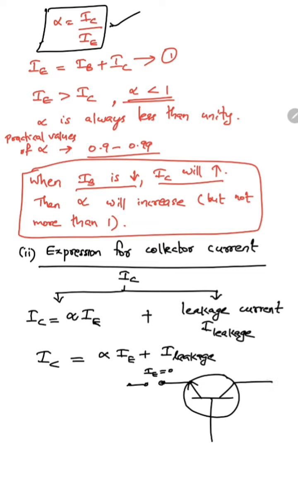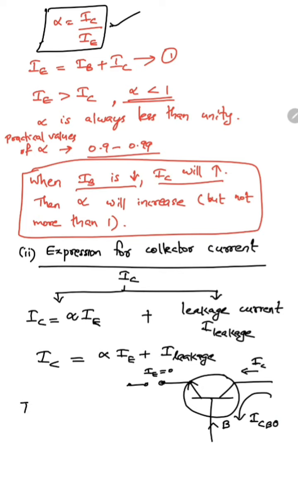So even when the emitter current is 0, IC will flow. This collector base current is called ICBO. And this ICBO is responsible for the leakage current.